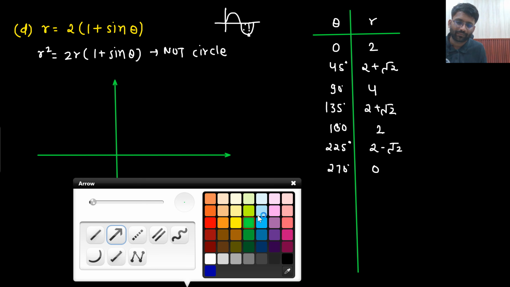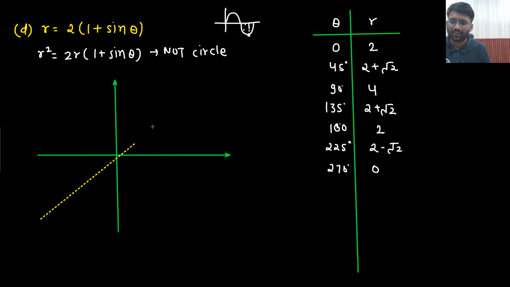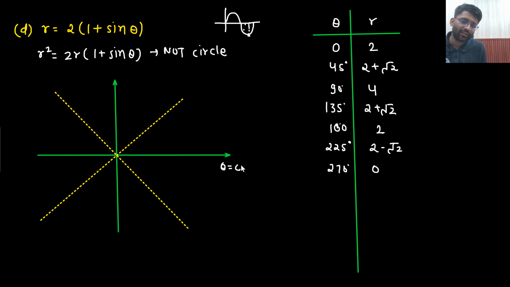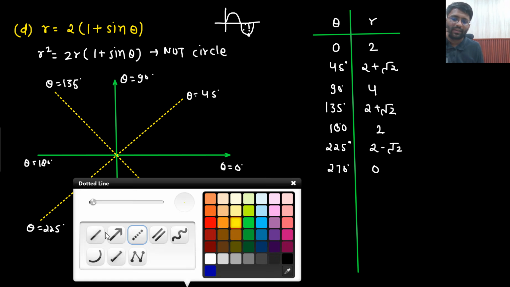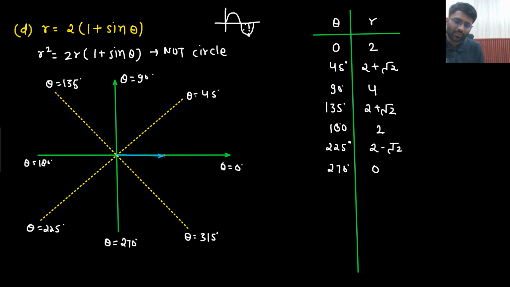This is the scenario, the values of theta: 0, 45, 90, 135, 180, 225, 270 and 315 degrees. At theta equals 0 the value is 2. At 45 the value is more than 2, which is 2 plus under root 2.